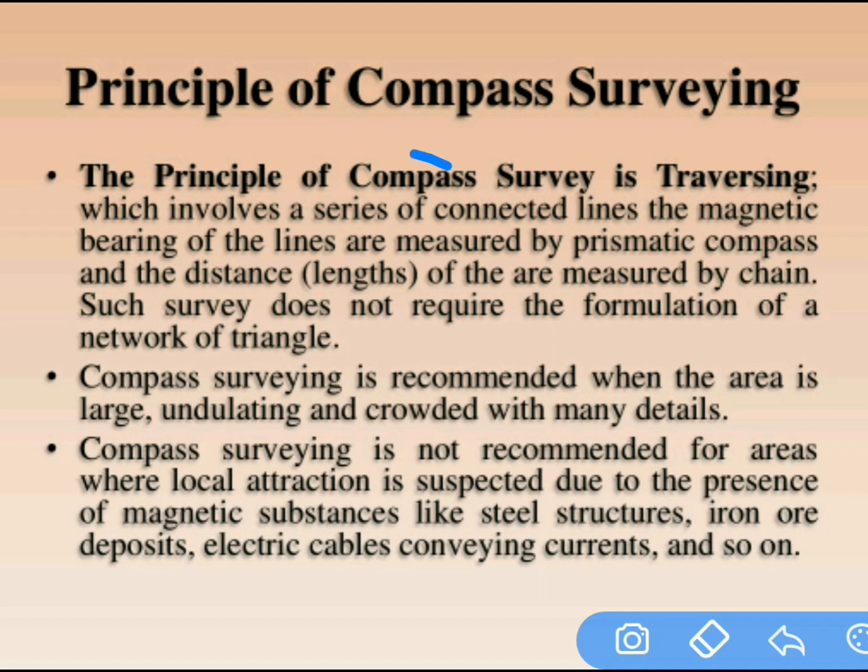Any compass is made with the magnetic effect only, right? So if any external substance like steel structures, iron, or your watches is present, these all affect the compass. So in those areas we are not using compass. This disturbance is known as local attraction.